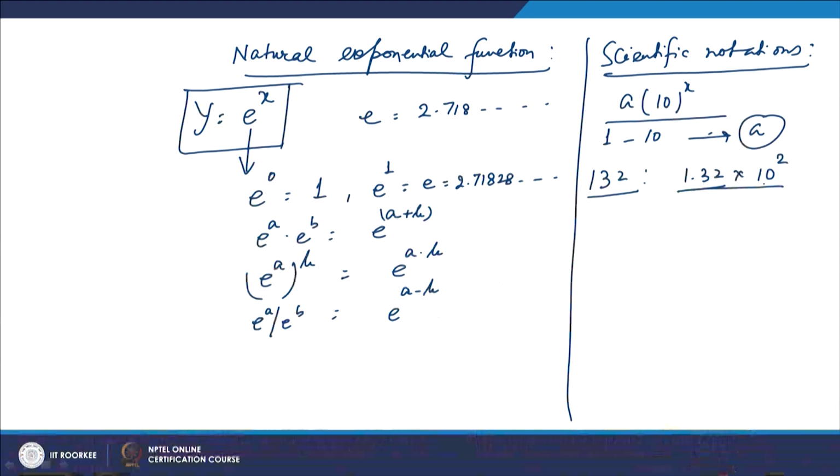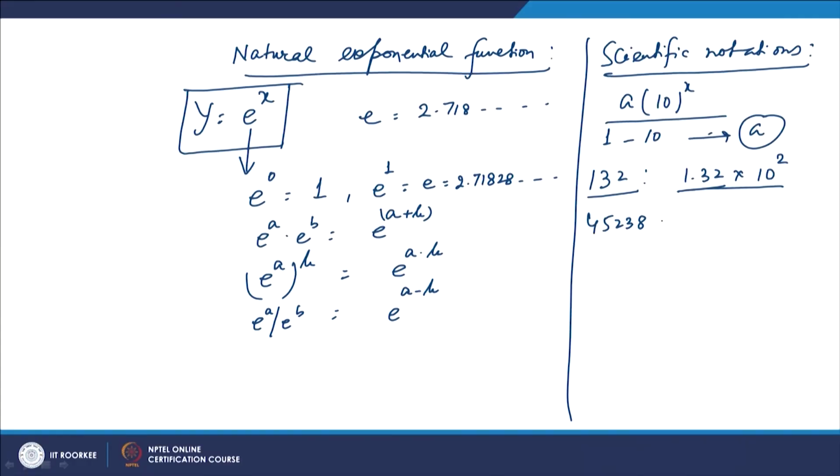So depending upon which side you are moving the decimal, if you are moving the decimal towards the left, then you will use a positive exponent, and if you have the movement towards the right, in that case you will be using the exponent as negative. So suppose you have 45238.